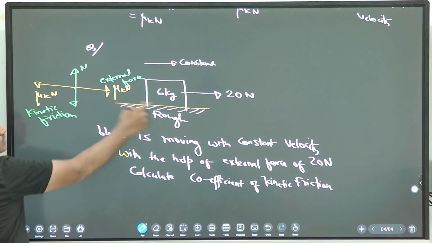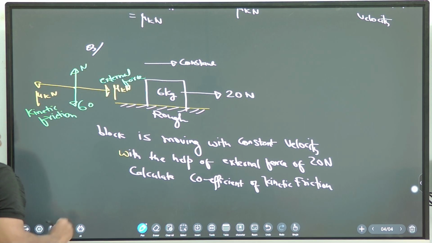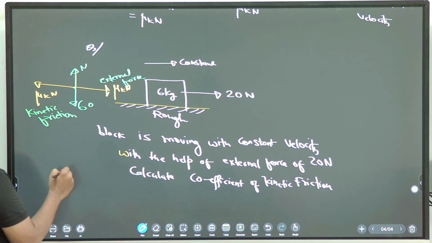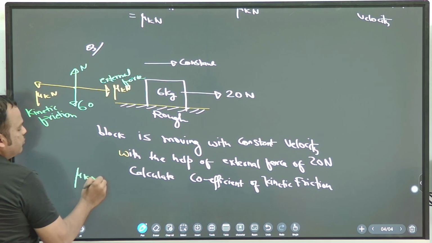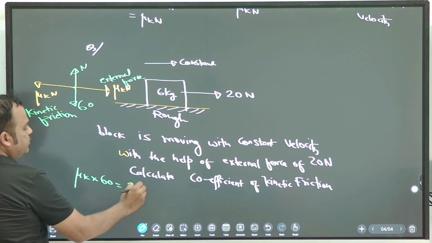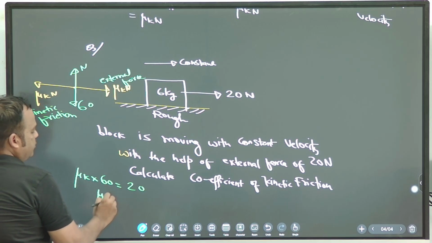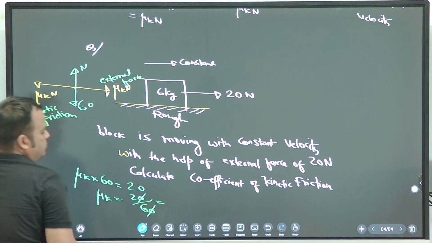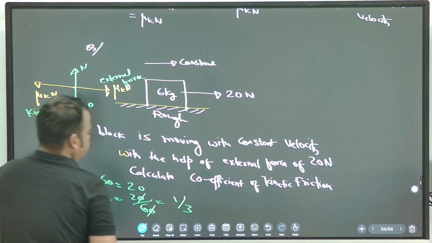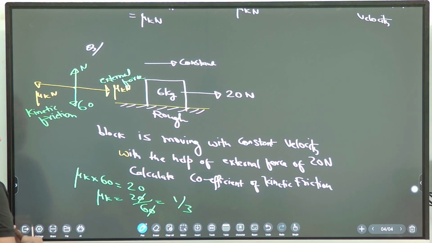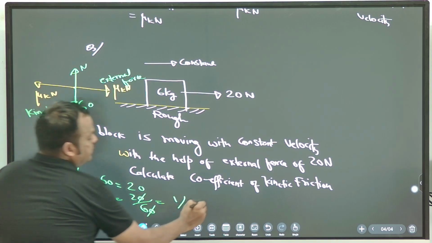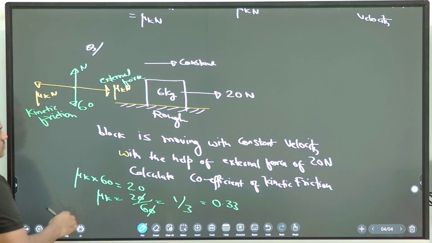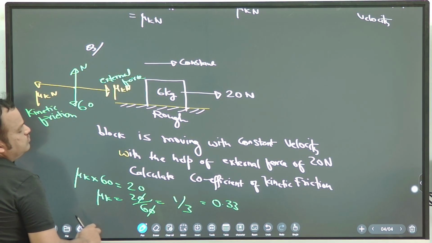How much is normal? 60 here. So calculate mu k. So mu k into 60 is equal to 20. So mu k is equal to 20 by 60, 1 by 3, 0.33.